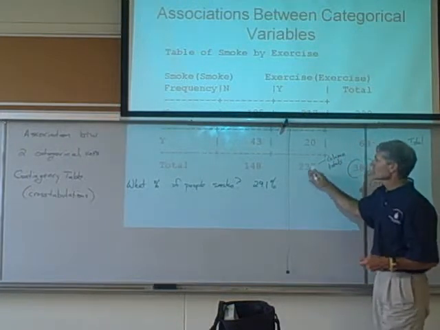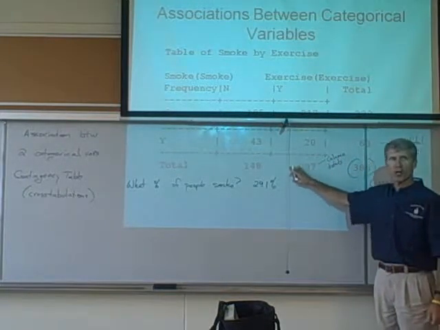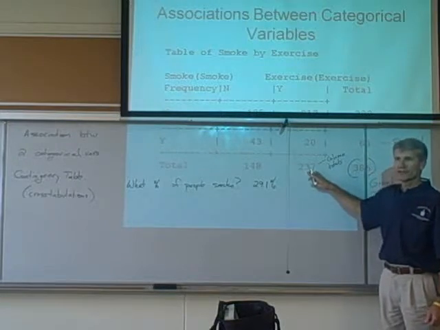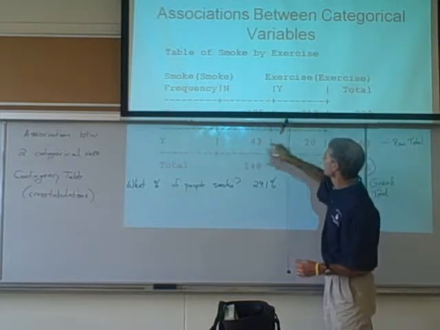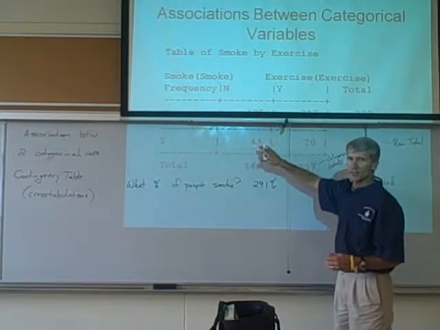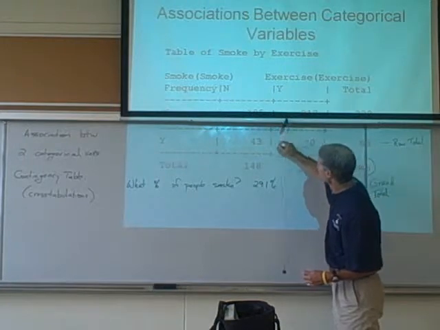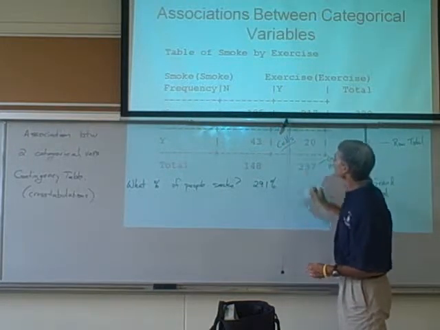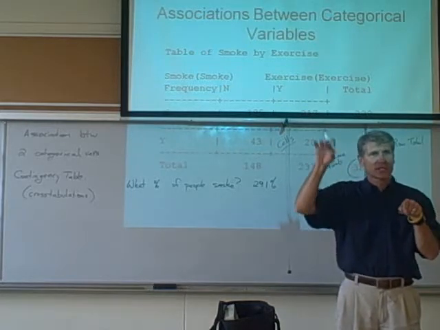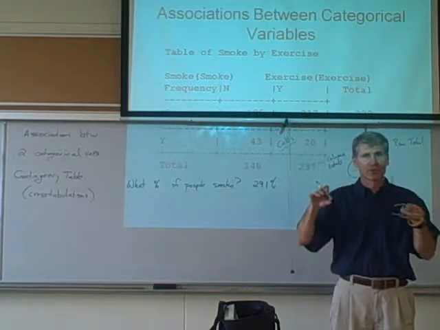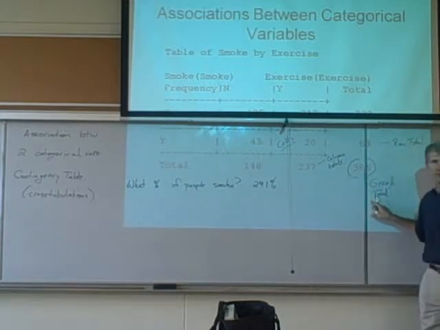These are also known generically as the marginal totals of the table, and margin because the table itself is these four numbers. Those are known as the cells of the table. So in the table are the cells, and then the totals outside are called the marginal totals, and then the grand total.